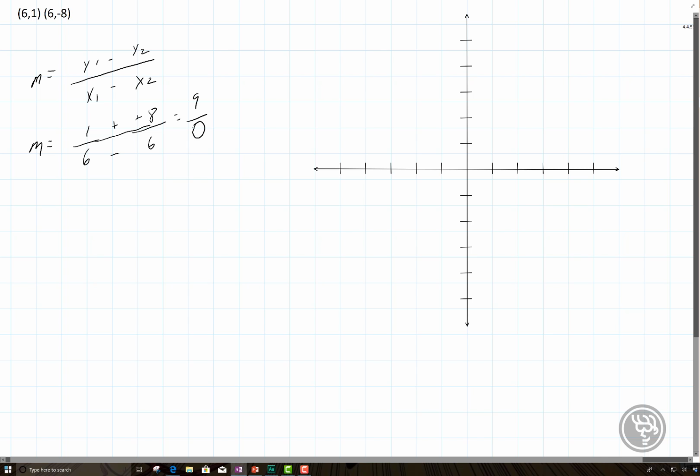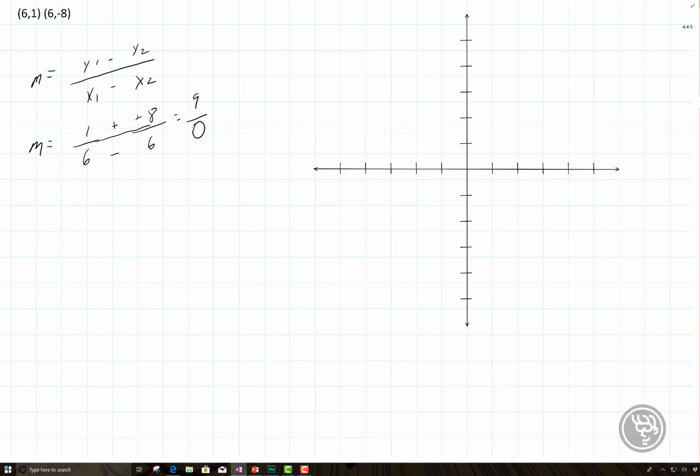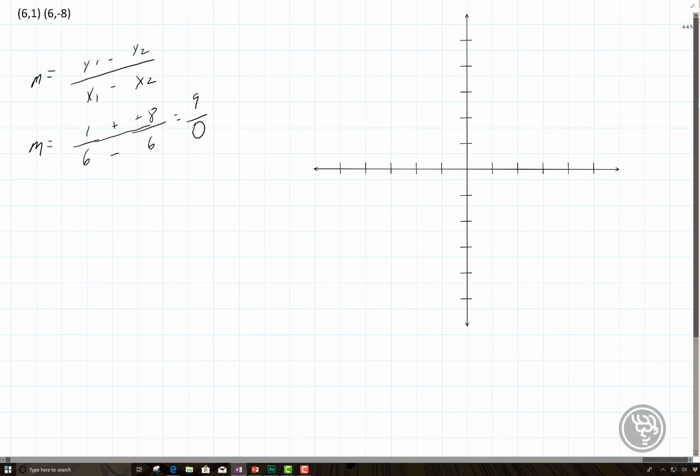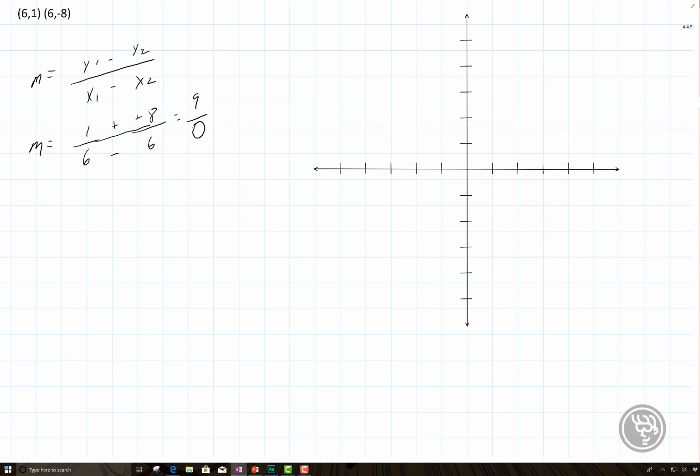Now that's a problem. Anytime you divide by 0, you have a problem, because it means infinite. Sometimes they have it in the book as undefined, but that's what that means. It's undefined or infinite. I like to use infinite because I like to use the example of, let's say you have kids and it's candy, and you have 2 kids and you have 5 pieces of candy that you're going to give the kids.